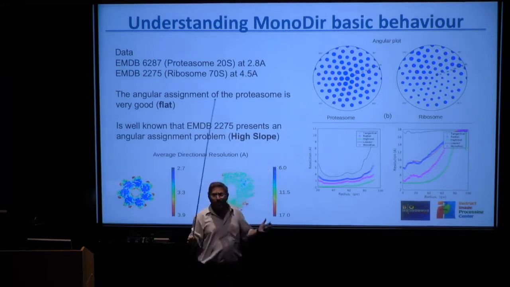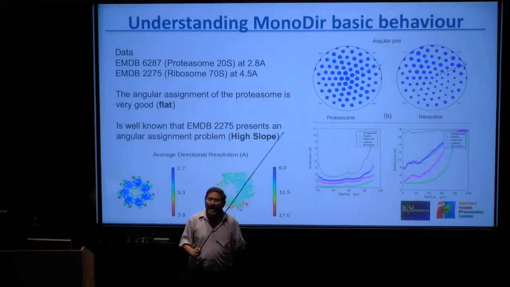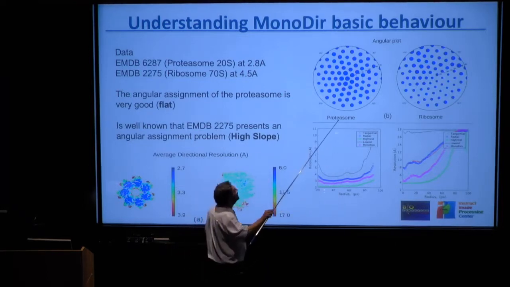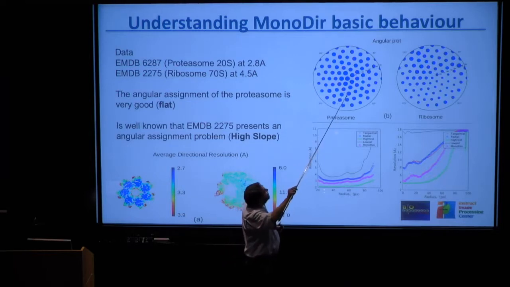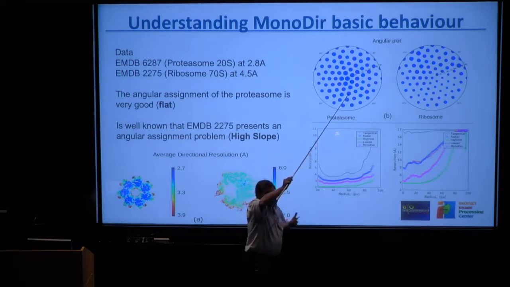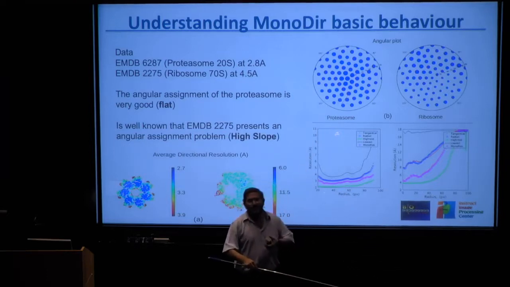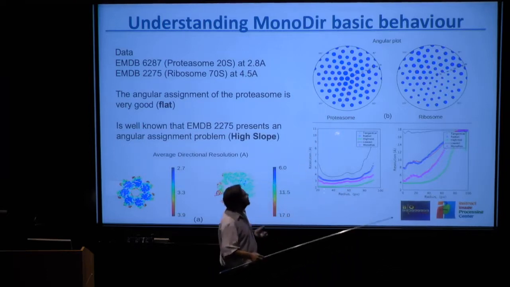So this would be the normal way to present it. Here, I'm not presenting that. What I'm presenting is the number of lines that go through a pixel along this direction that have the maximum resolution, or normally we try to work always with the 5% highest resolution.